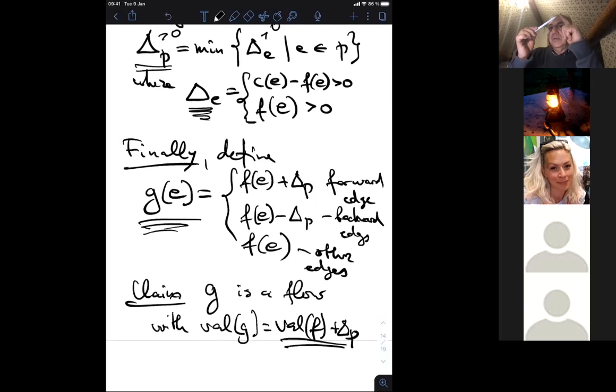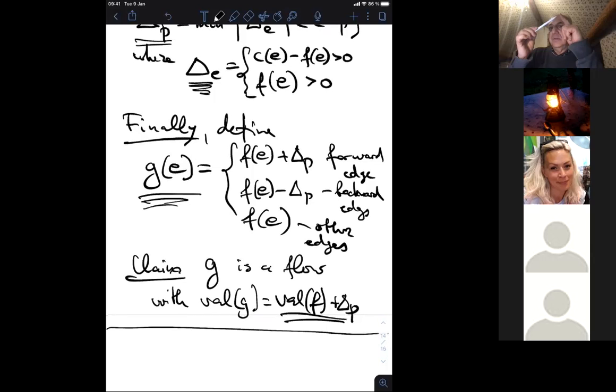More or less done. So these two lemmas together will tell us that for maximal flow, we should be able to find a cut such that the capacity of this cut is exactly the value of the flow.